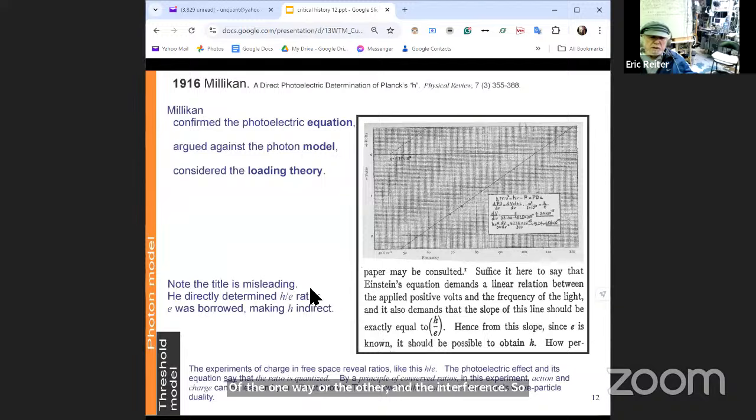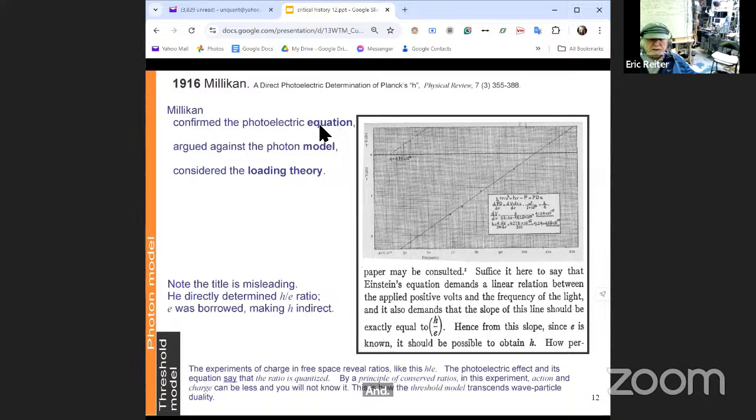Then Millikan, and some others also, tested the photoelectric effect equation to see if that was true. Millikan agreed with the equation. That's good enough. But he argued against the photon model, and he explored the loading theory, and he coined the term, I'll show you, of the loading theory. But there's this way of thinking about the experiments that I want to point out.